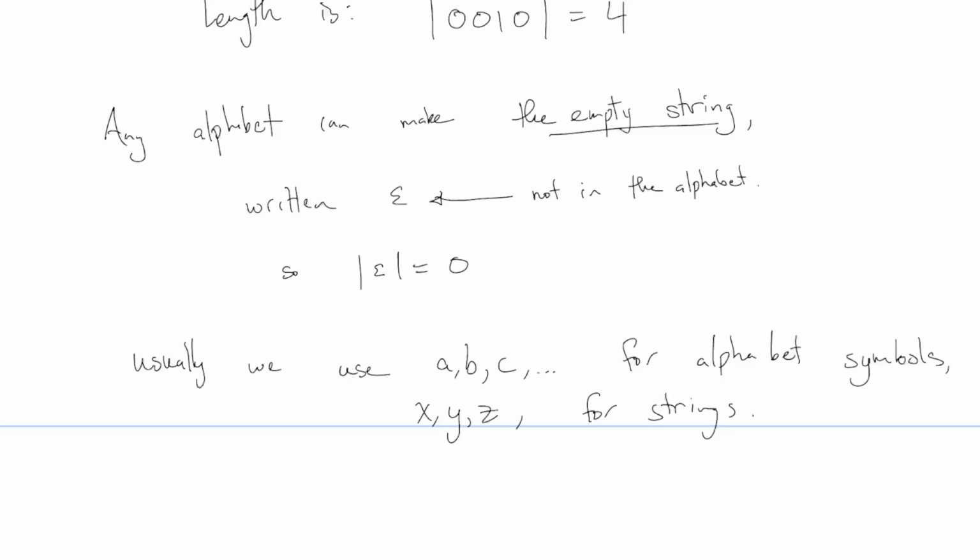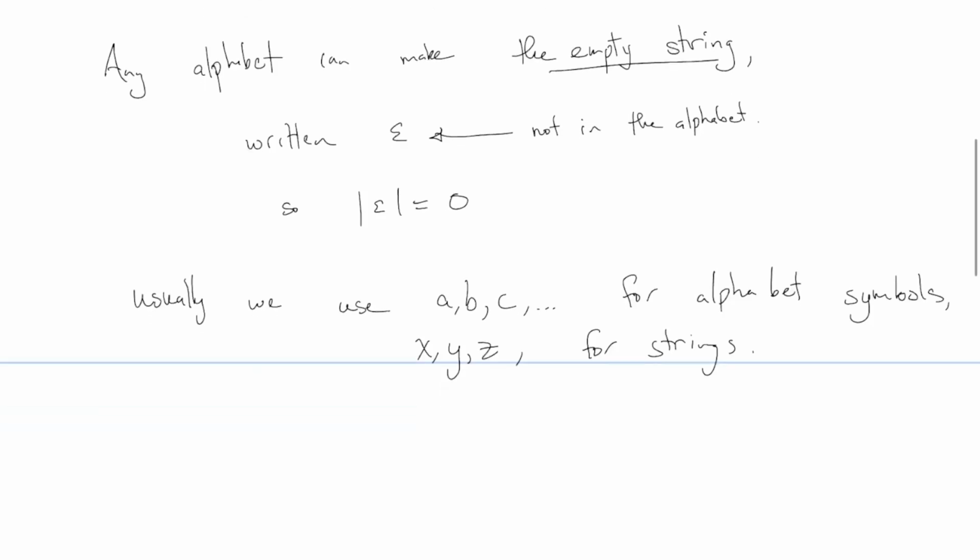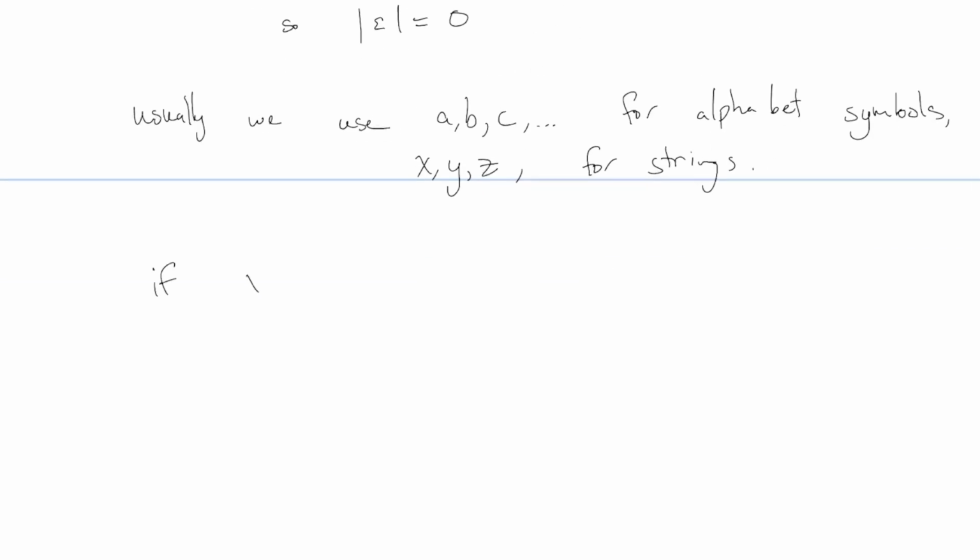There is one important operation that you can do on 2 strings, and that is to write them one after another. So if X is ABAB and Y is BAB, then we can stick them together. The way that we write down that operation is, actually, we don't use any kind of symbol for it.